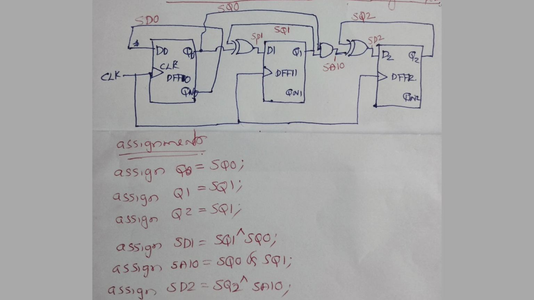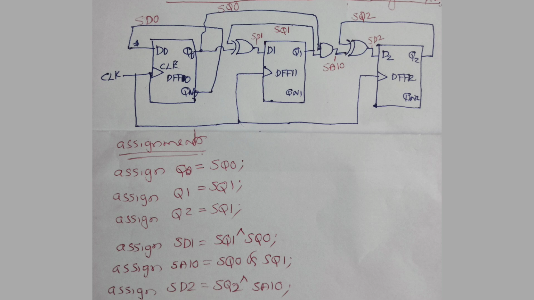They are respectively SD0, SD1, SD2, SQ2, SA10, SQ0 and SQ1. After that, Q0, Q1 and Q2 are respectively assigned the wire values SQ0, SQ1 and SQ2, and now we should have the instantiation of different D flip-flops.